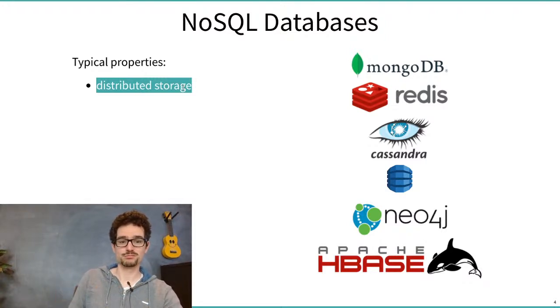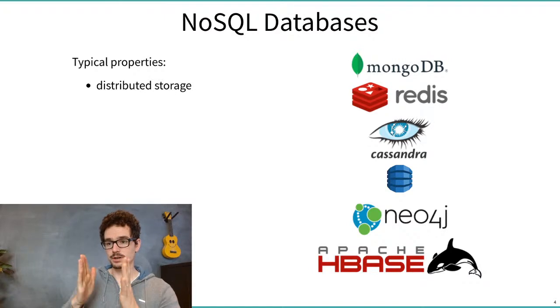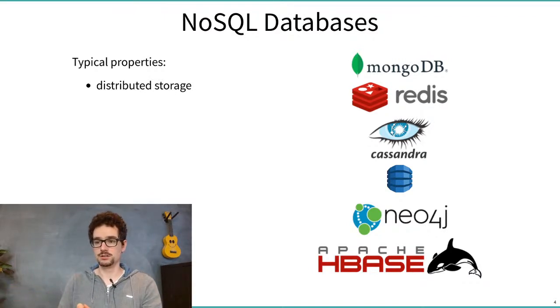They support it. But the others, their distributed storage is built in from the very first minute, and they are very good scalable. So distributed storage, we had this in the beginning of this semester, means storing part of the data on this machine, part of the data on that machine.